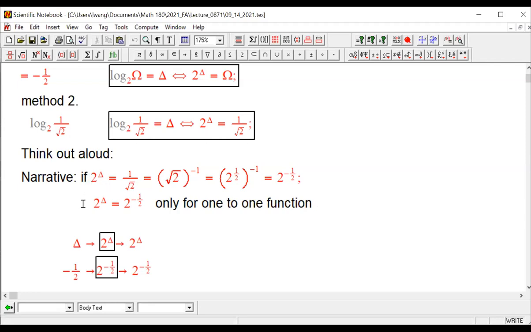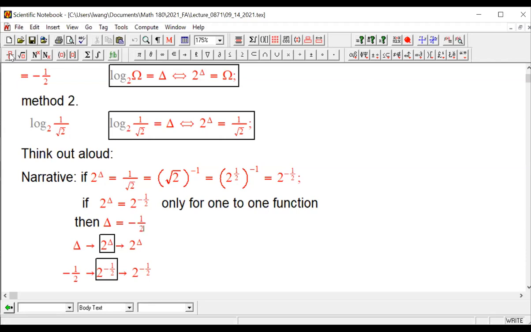This basically says if the output are the same, the input must be the same. You follow me? So the next statement I can say then, the input will be the same. Do you guys follow me?